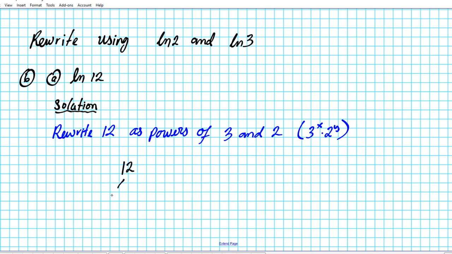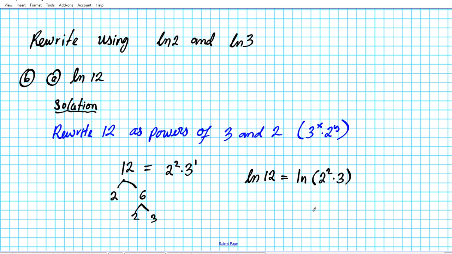So 12, 2 goes into 12 6 times, 2 goes into 6 3 times. So the prime factor decomposition of 12 is 2 times 2, which is 2 squared, times 3 to the first power. Okay, so what does that tell us? It helps us to see that the natural logarithm of 12 is equal to the natural logarithm of 2 squared times 3.